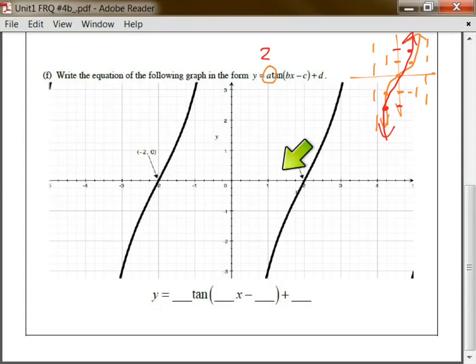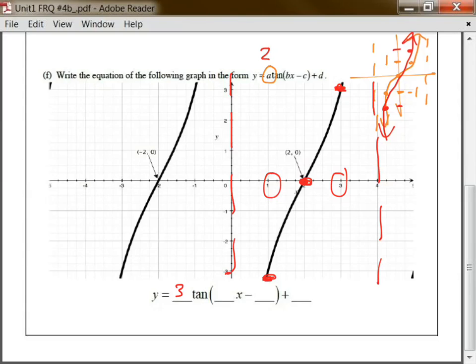And if we look at these two lines, the x values that would give you the 1 and the -1 would be 1 and 3, because those are between the x-intercept and the two asymptotes. So the 3 goes up to 3 right there, and the 1 goes down to -3. That means our a equals 3.